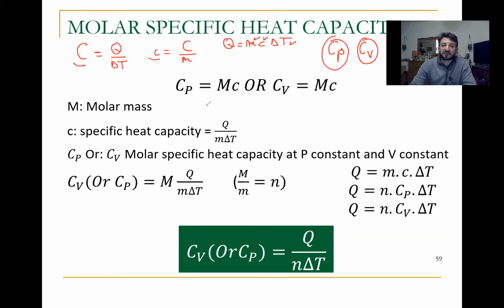So if we have P constant, Cp equals the molar mass capital M times the specific heat small c. And at V constant, the molar specific heat Cv equals the molar mass capital M times the specific heat small c. Okay?